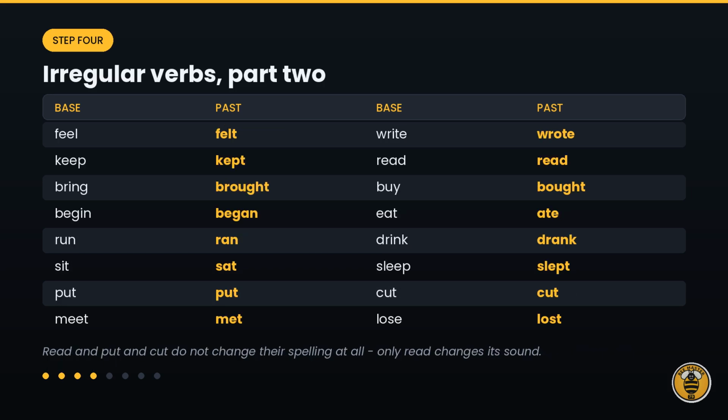Here are 16 more. Feel, felt, keep, kept, bring, brought, begin, began, run, ran, sit, sat, put, put, meet, met, write, wrote, read, read, buy, bought, eat, ate, drink, drank, sleep, slept, cut, cut, lose, lost.